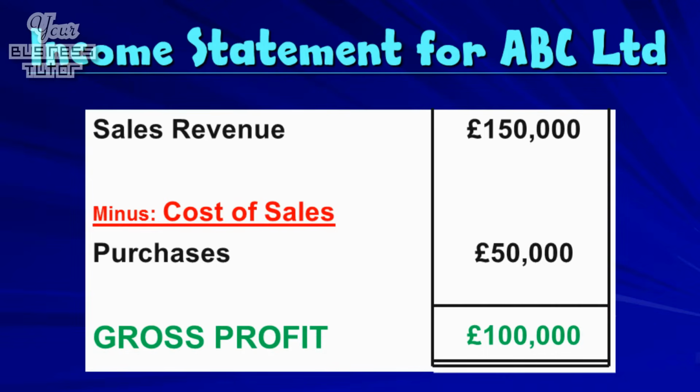From here, all the information can then be pulled together by first deducting the cost of sales or purchases from the sales revenue in order that gross profit can be calculated, which in this case, as the example shows, is £100,000.